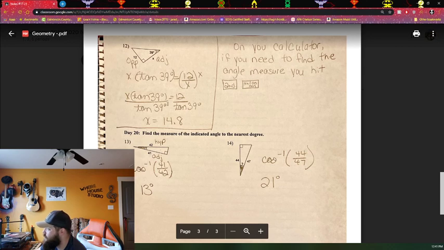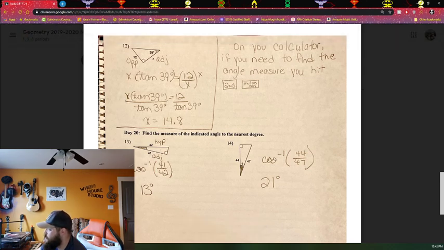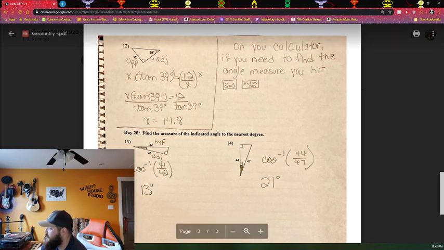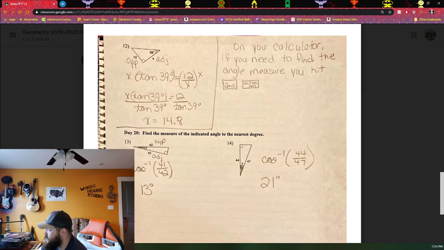Now we're going to divide both sides, because this is being multiplied. We're going to divide both sides by the tangent of 39, and that will give us x equals 12 divided by tan 39 degrees. So that's what you type in your calculator. 12 divided by tan 39, and that'll give you x equals 14.8.